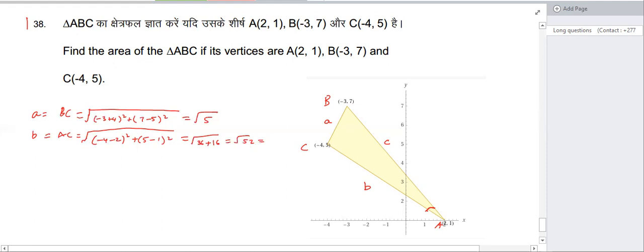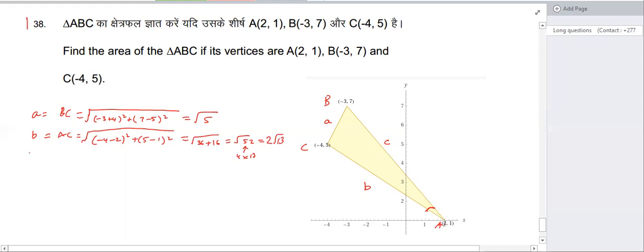And square root of 52 is 4 times 13, so it can be simplified as 2 root 13.